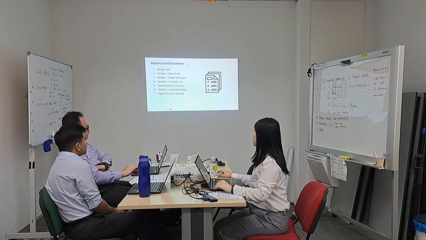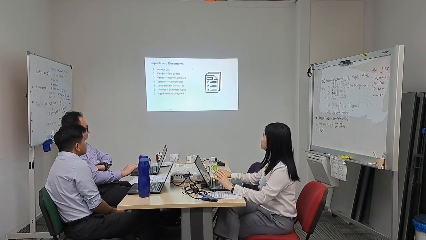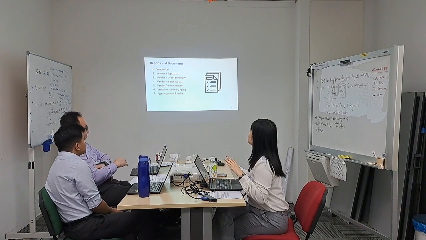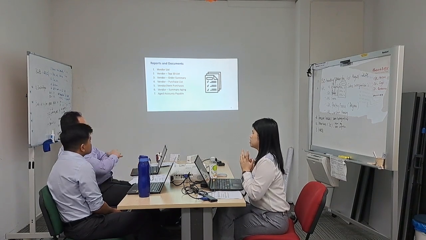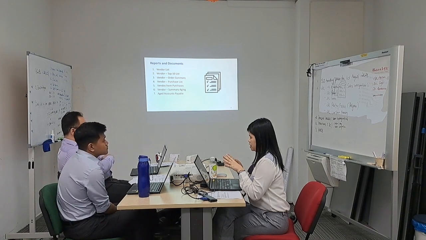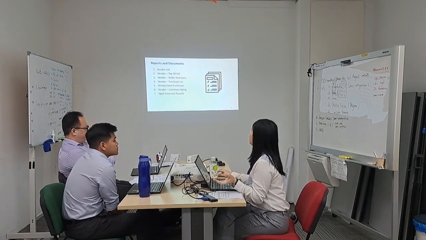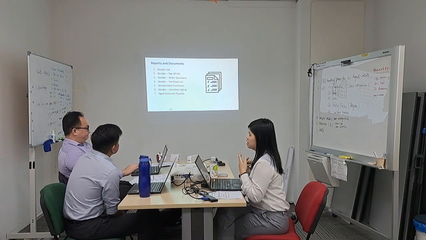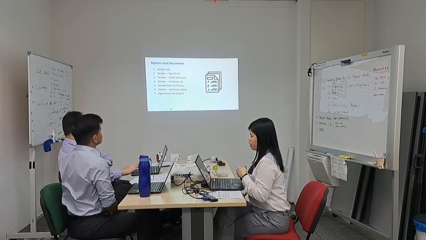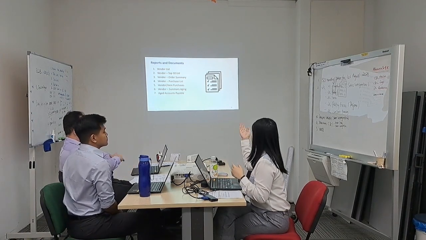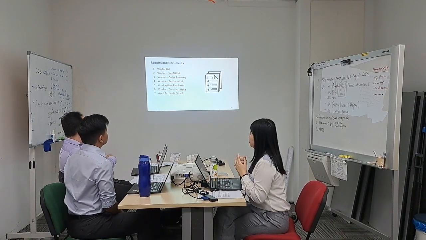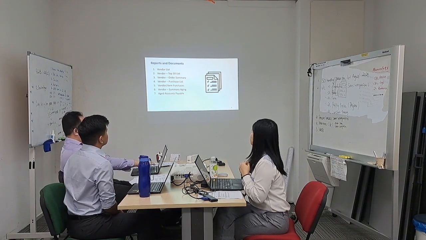In BC, we have some reports and documents that are already available for you. Like the vendor list: if your auditor asks you to provide the list of your suppliers, you can also generate this report from the system.